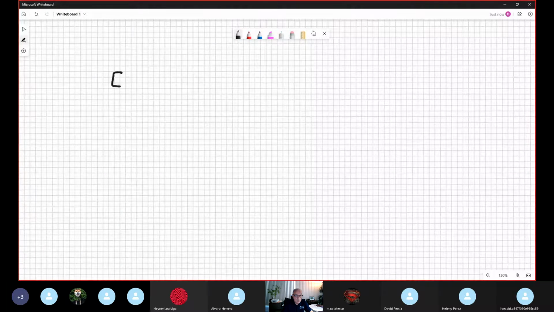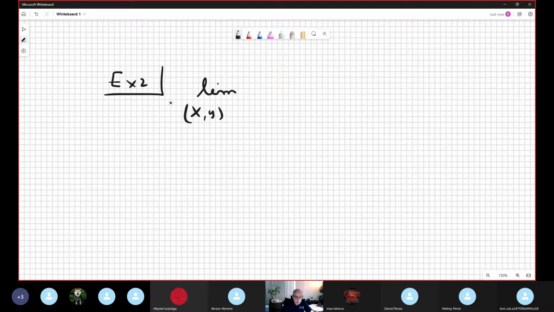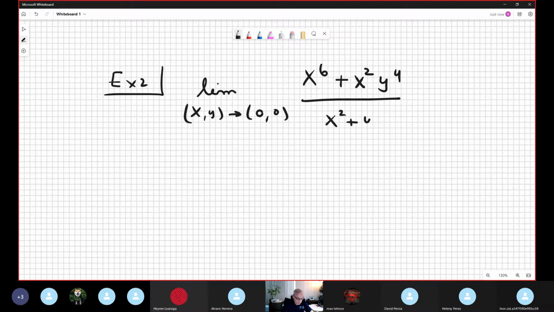Example 2 now is a little bit more interesting. Look, suppose the limit when (x, y) approaches (0, 0). You see, professors always say 0, 0, the complicated point. The next example is not 0, 0, it's another point. X to the 6th power plus x squared y to the 4th power divided by x squared plus y squared.